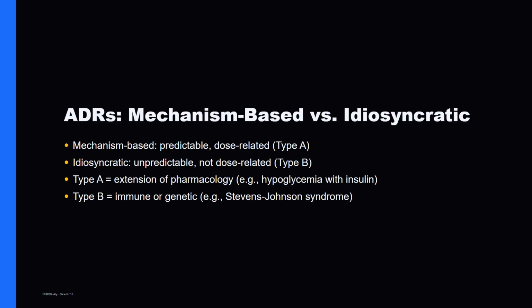Stevens-Johnson syndrome with carbamazepine, agranulocytosis with clozapine, or hepatotoxicity with isoniazid are classic examples. When an EE question describes a reaction that doesn't make pharmacological sense at the dose given, think type B. This classification also guides counseling. Type A reactions can sometimes be managed by dose reduction. Type B usually means stopping the drug.